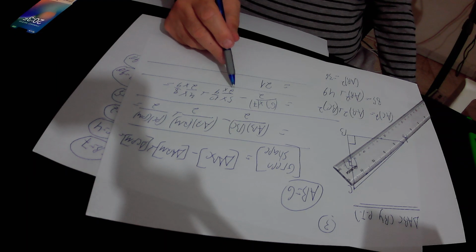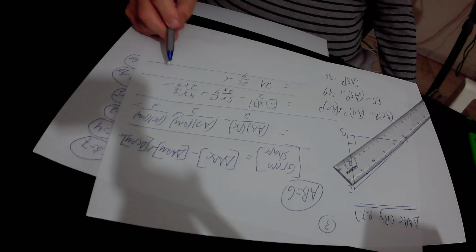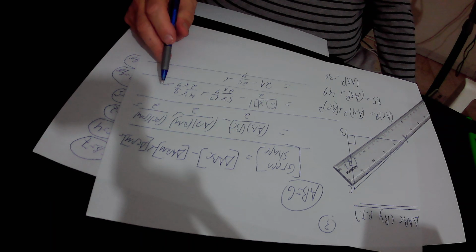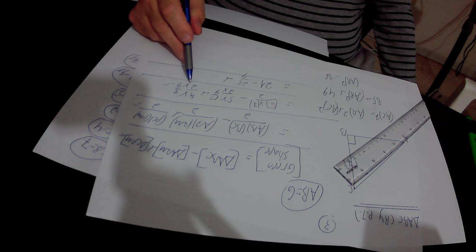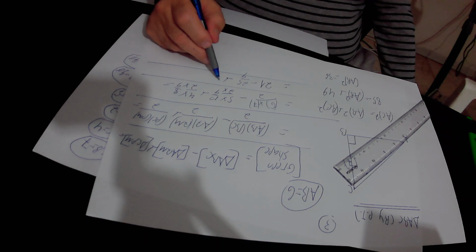So in total, this expression equals 25 over 9, plus the area of the green small triangle, triangle CPM. And this expression equals: 8 over 2 is 4, 4 times 4 is 16. So in total, this expression equals 16 over 9.